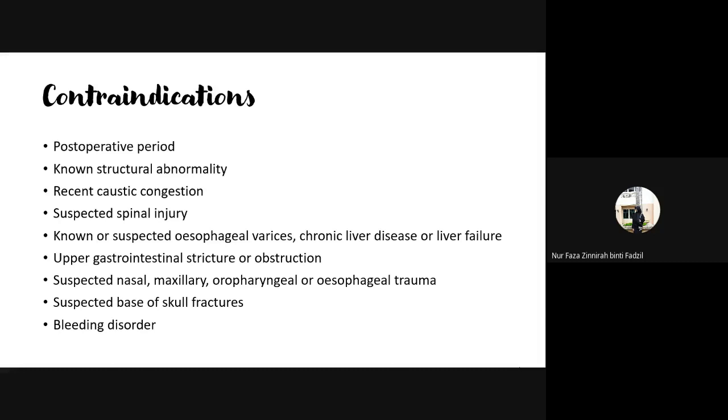If the patient is suspected of spinal injury, because if we still insert, it might be misplaced into the spinal canal. Then if the patient is known or suspected to have esophageal varices, CLD or liver failure.